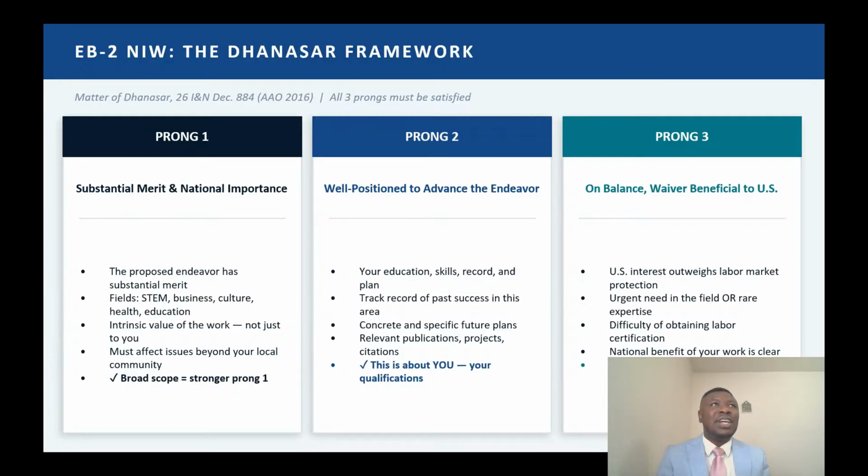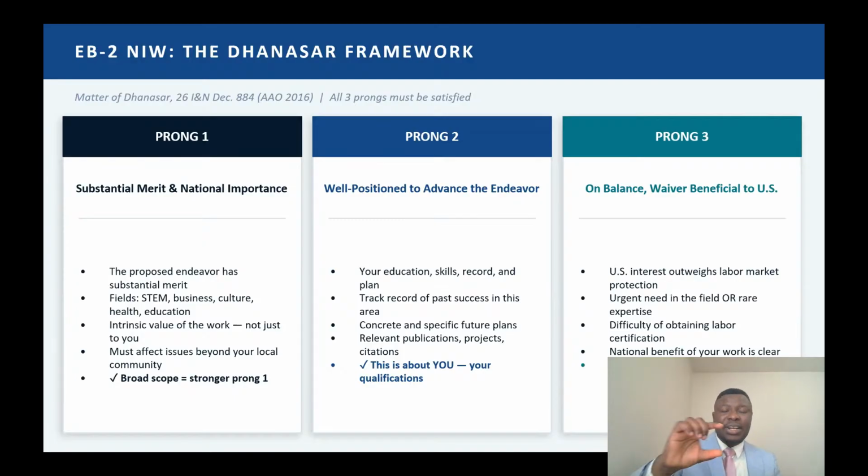If you want to go for EB2 and you have an advanced degree, a master's or a PhD, you can file for EB2 NIW. You can also have a bachelor's degree plus 5 years of experience in a particular field and file for EB2 NIW.